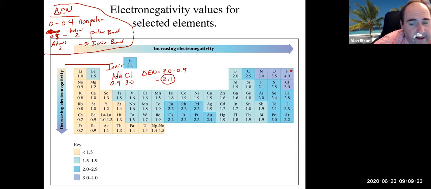Now, if we go to the other side that we were looking at, where we had H2, right? H is 2.1, H here is 2.1. If we do the difference in electronegativity for this, 2.1 minus 2.1 gives us 0. 0 obviously is between 0 and 0.4. This is a nonpolar bond.